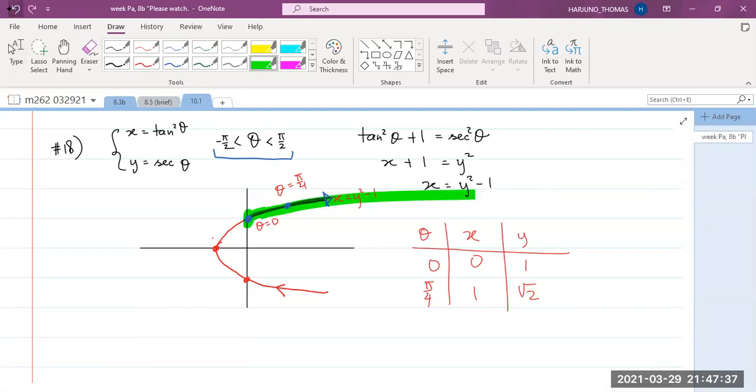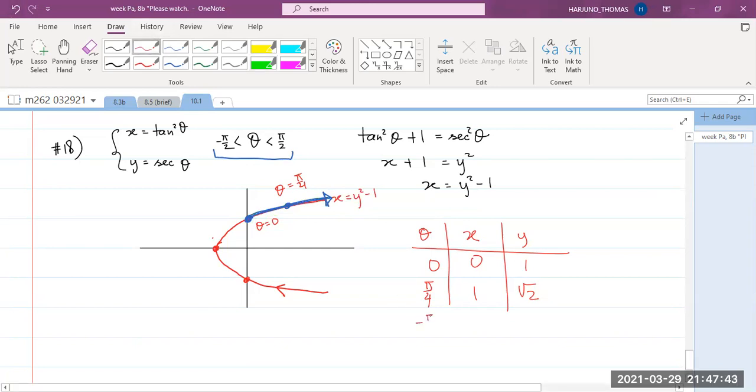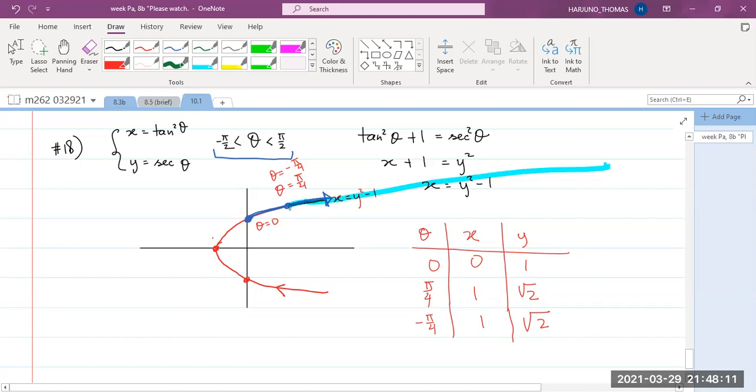Now, the thing is, what happens when theta is negative pi over 4? What is your x? Your x is still 1, and your y is still radical 2. So this position is the same position as when theta equals pi over 4. To my surprise, the curve is actually moving this way. From negative pi over 2, go to negative pi over 4, go to theta equals 0, and then it goes back there.